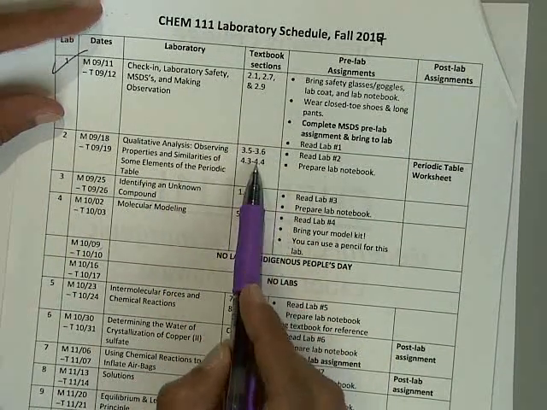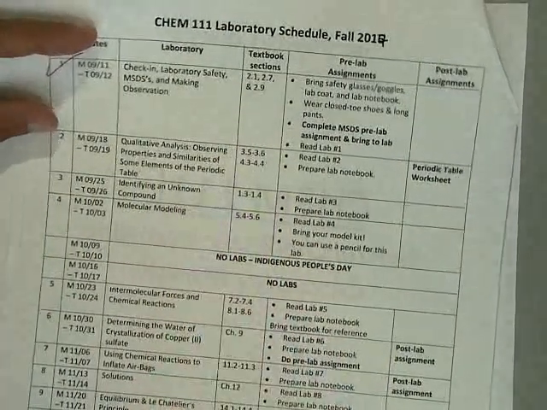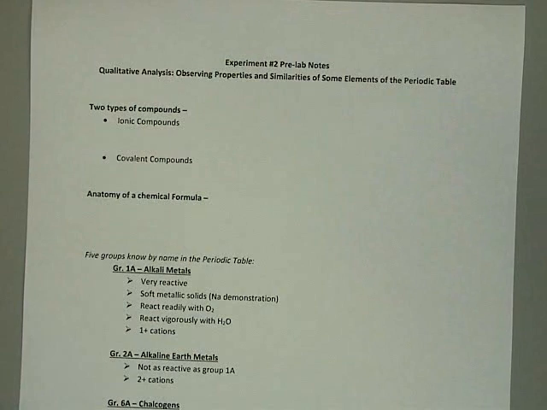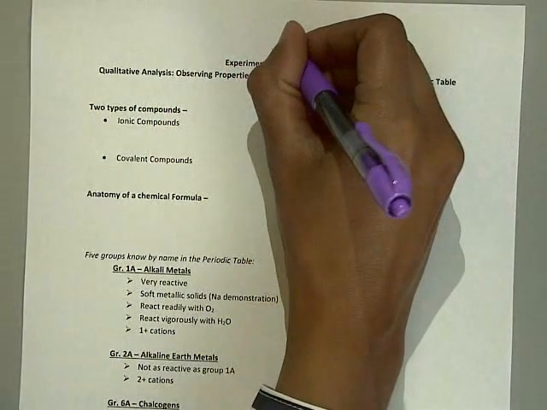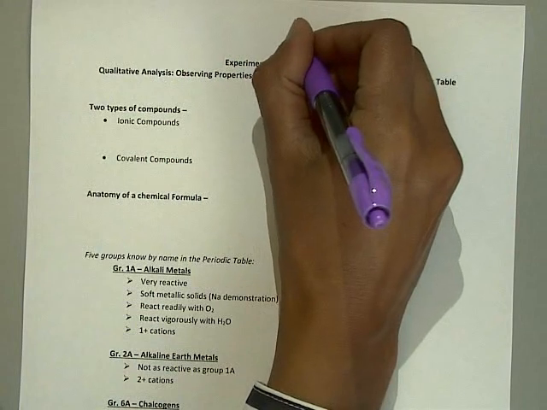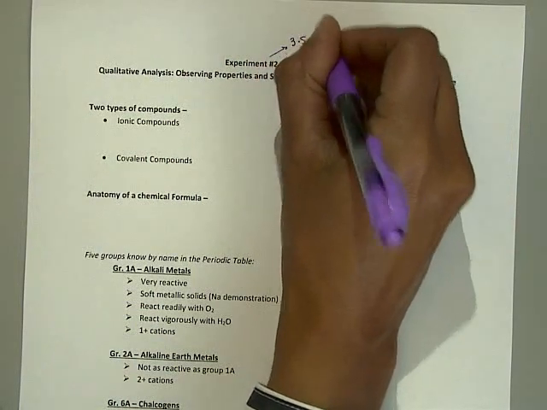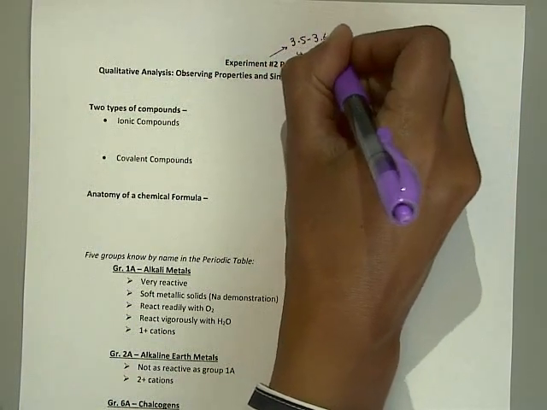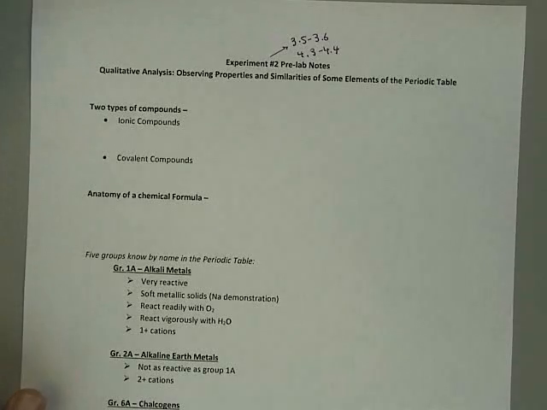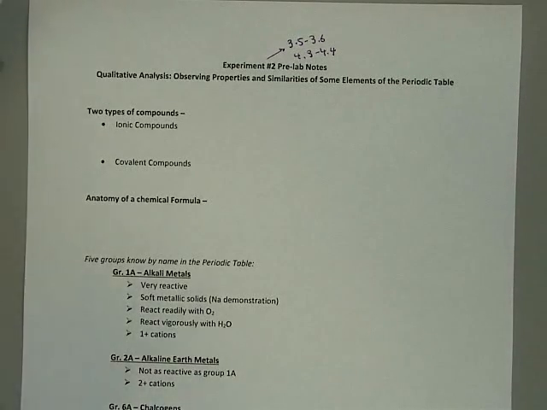I would highly suggest that you do read these sections before coming to lab, just so that you have a more pleasant lab experience. So again, for experiment 2, you should read sections 3.3 to 3.6 and 4.3 to 4.4 of your textbook.